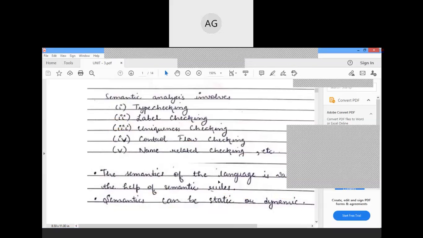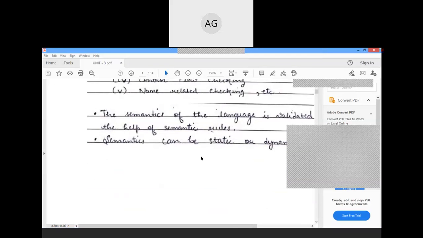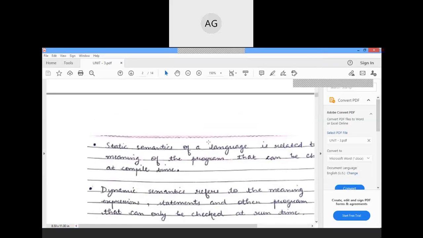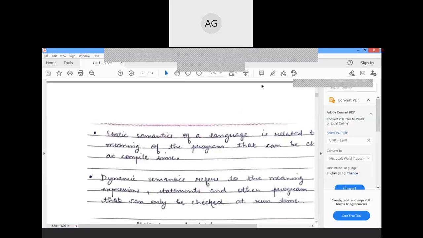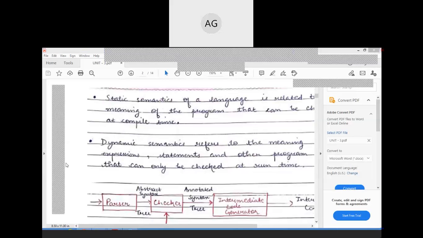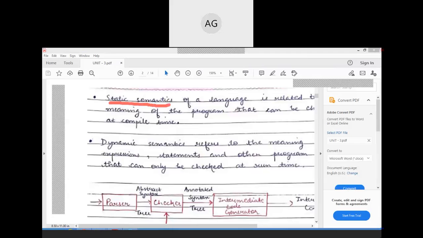Now let us discuss what static and dynamic semantics mean. The static semantics of a language is related to the meaning of the program that can be checked at compile time.